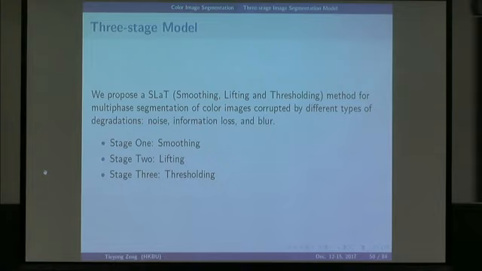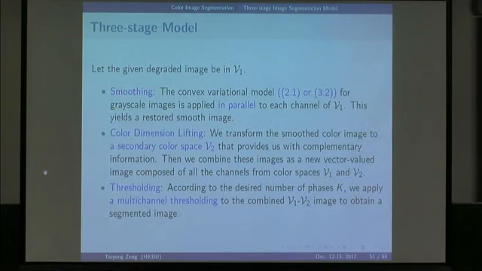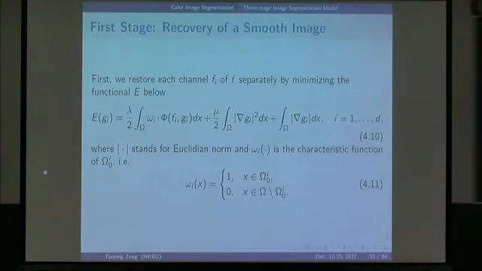You get a higher dimension space, and with higher dimension you have better properties to eliminate outliers. So what we do is some smoothing in the first color space, then we change to another color space, put it together, and do some thresholding. The idea looks very simple. Let me show you the details.